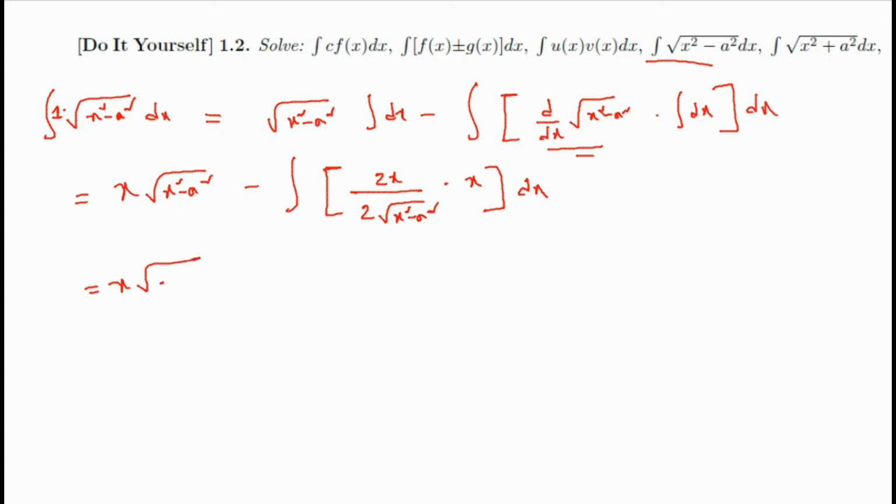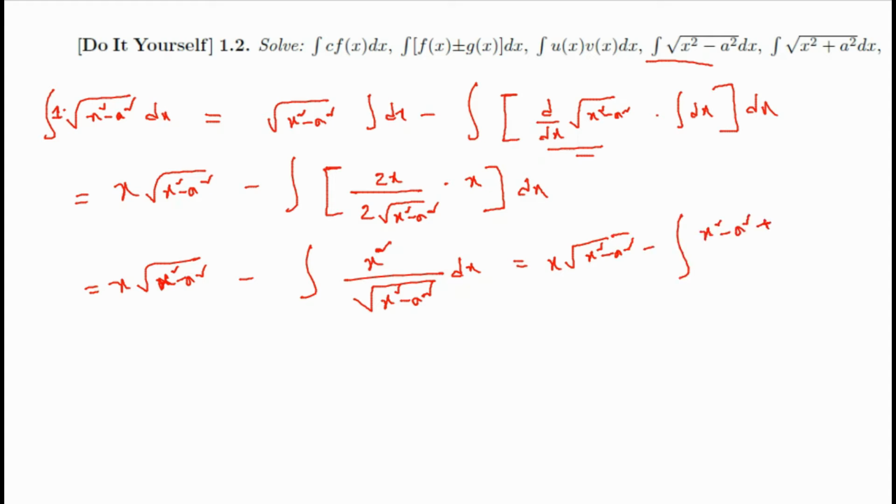So x root x square minus a square minus integration x square by root x square minus a square dx, and you can write it as x root x square minus a square minus integration x square minus a square plus a square by root x square minus a square dx.